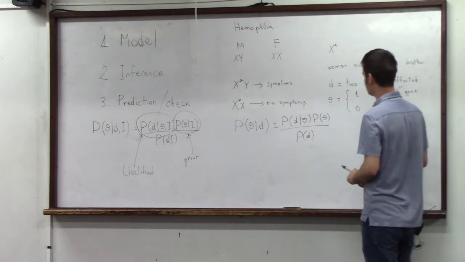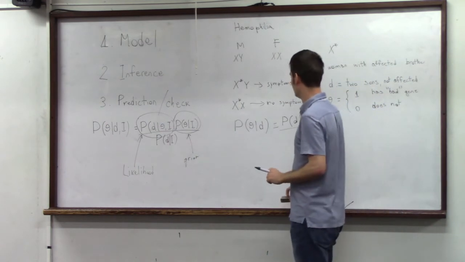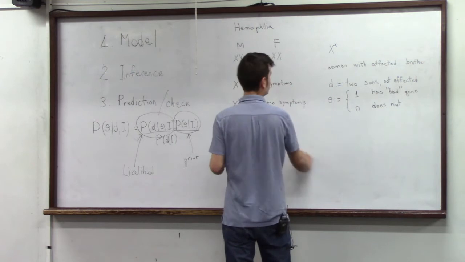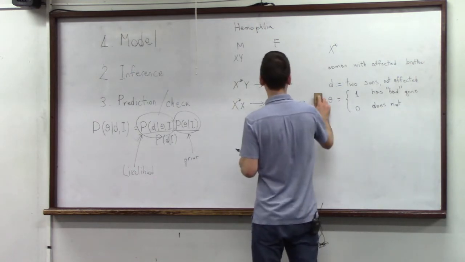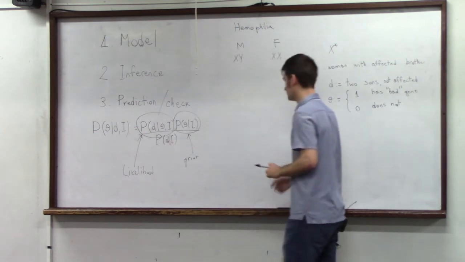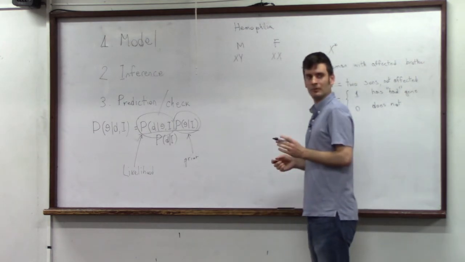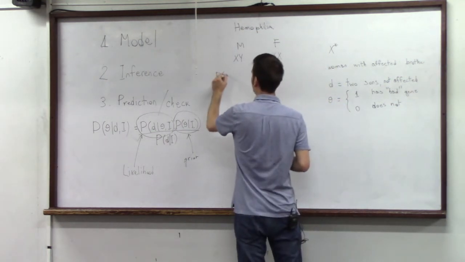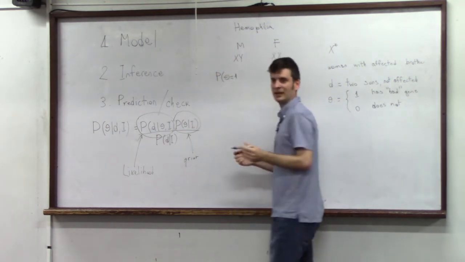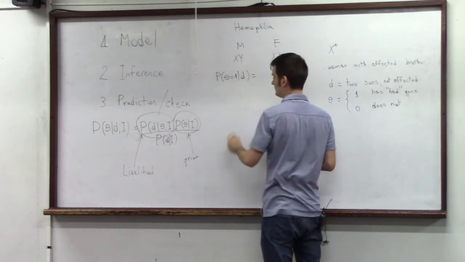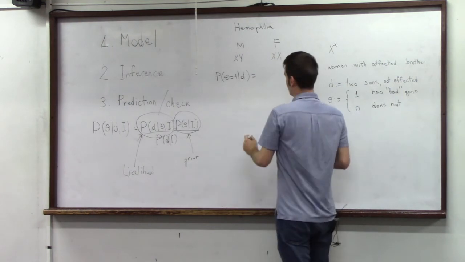I'm going to go ahead and erase this. So the original question is, what is the probability of theta being 1, that is, she has the gene, given the data? So I'm going to use that.